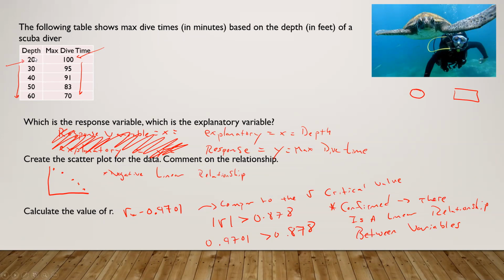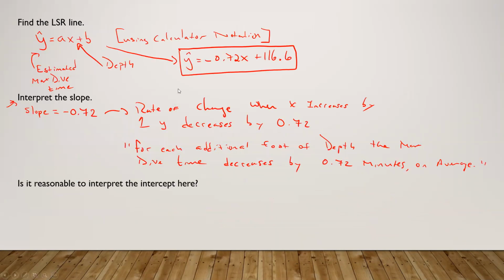And there's no values close to x equals 0, right? And so if you think about it, when x is equal to 0, y hat is equal to 116.6. So another way to think about it is, does it make sense to say, hey, when you want to go scuba diving at 0 feet underwater, your max dive time is 116.6 minutes?